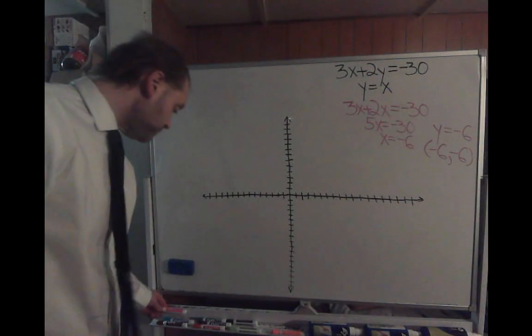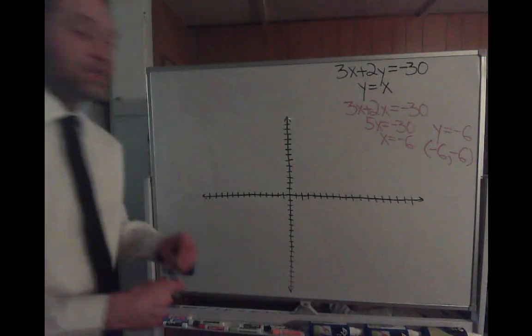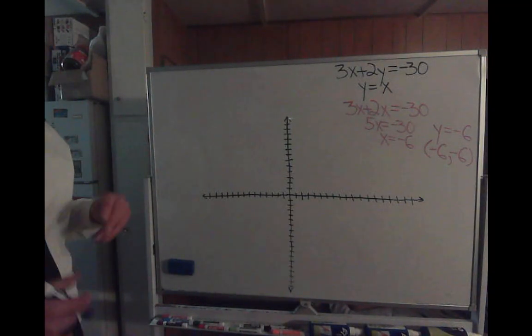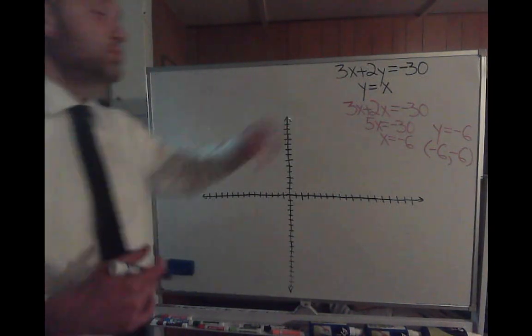Now, we found the point of intersection. What about graphing the two lines and their point of intersection? So let's start out with 3x plus 2y equals negative 30.